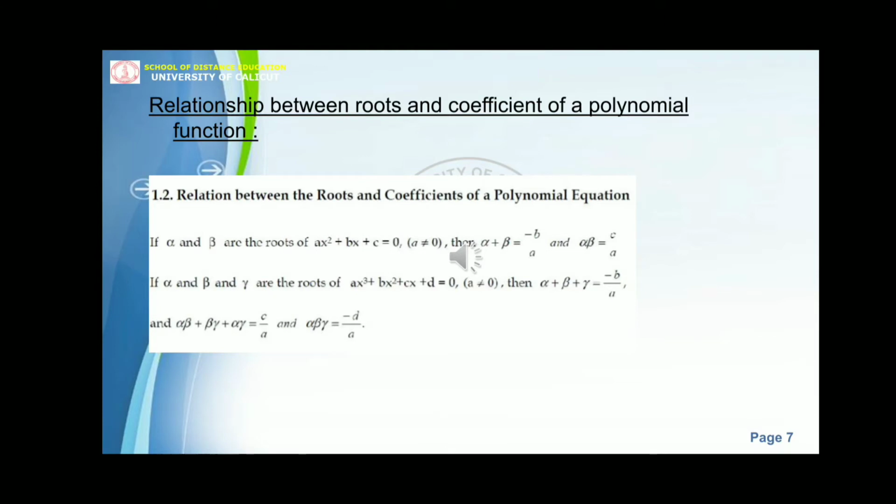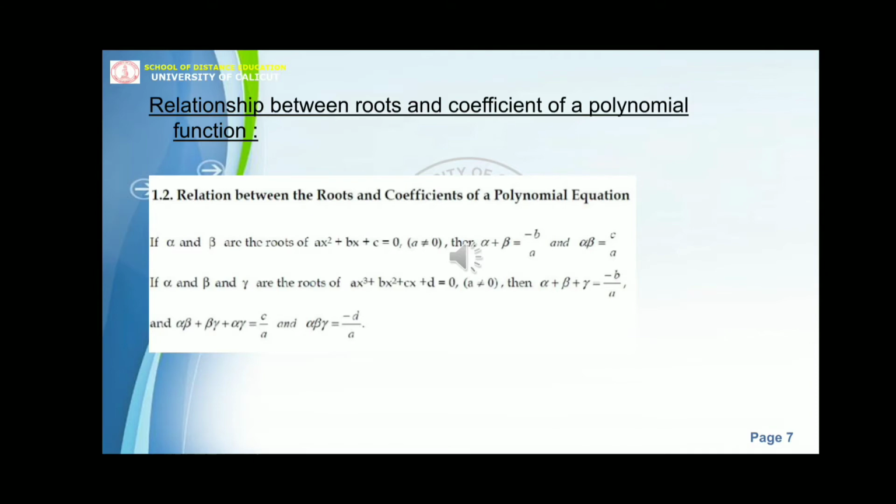Now we will see some explicit relationships between roots and coefficients of quadratic and cubic polynomials. If alpha and beta are roots of a quadratic polynomial, that is a x square plus b x plus c equal to 0, then alpha plus beta is equal to minus b by a, and alpha into beta is equal to c by a.